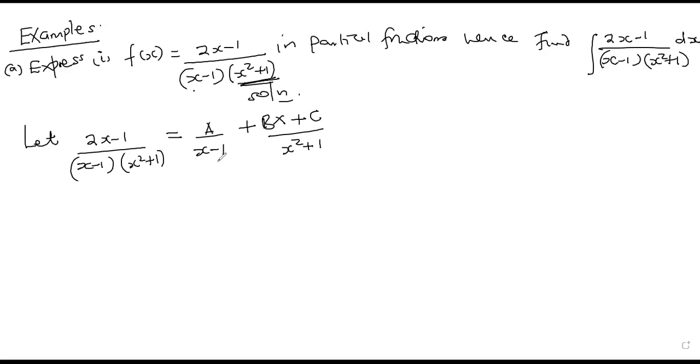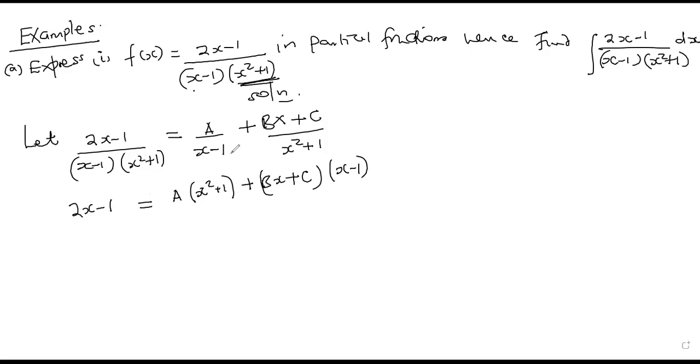From here, if you take the LCM, it would mean that 2x minus 1 is equals to A into x squared plus 1, then plus bx plus c into x minus 1.